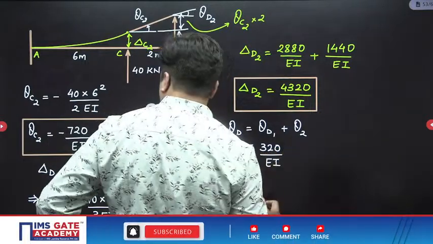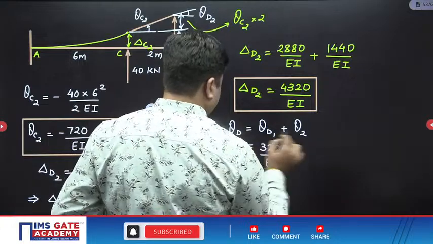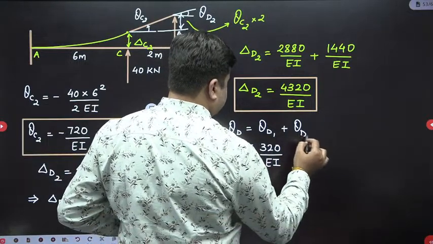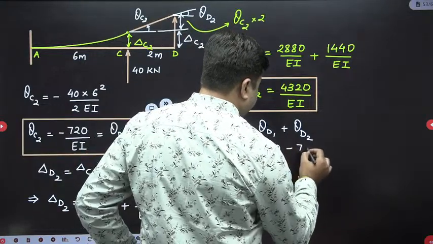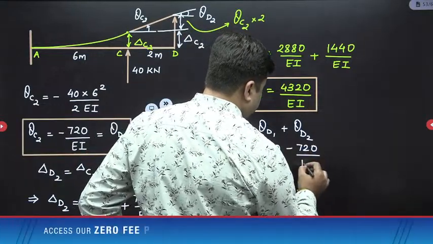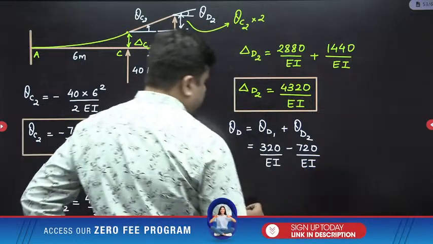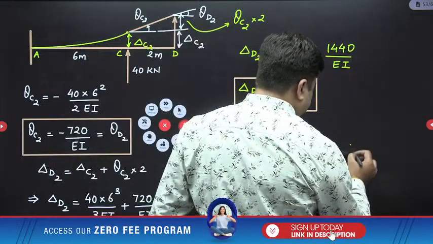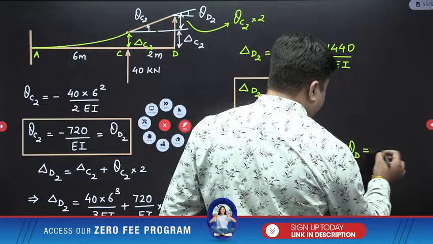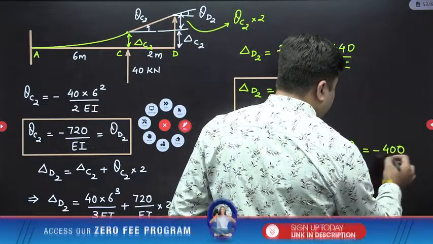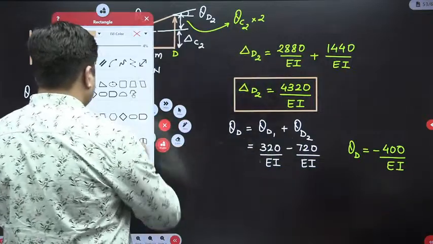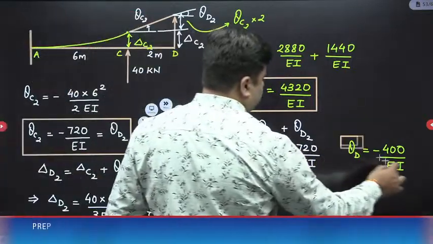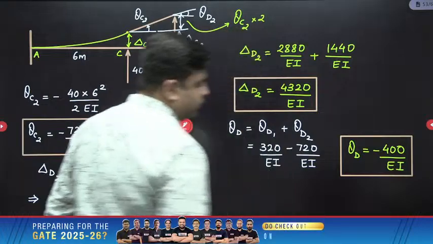And theta D2 is equal to minus 720 upon EI. So I think theta D is equal to minus 400 upon EI. Minus 400 upon EI means the slope will be anti-clockwise. This will be theta D.